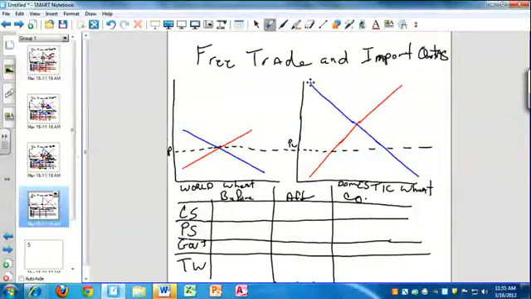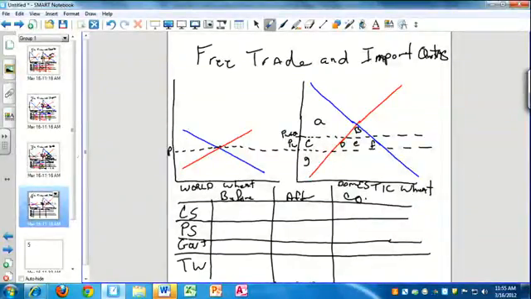I'm going to do it here. Price world plus quota. Yeah, that's better. Just so I can fit this in. Here's A. Here's B. C. D. E. F. That's it. Forgot G. Okay.